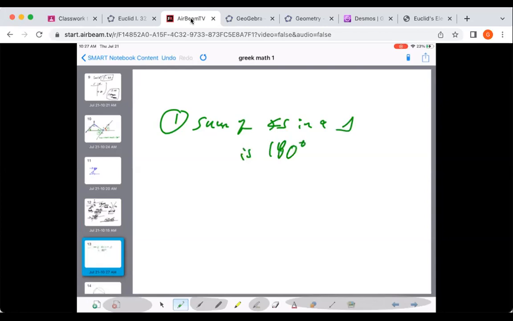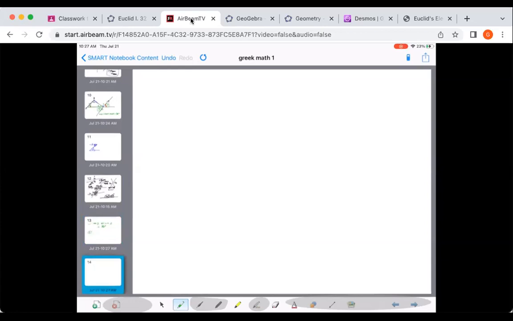Now, another theorem that Thales had was this. Here's a triangle. 50, 70.